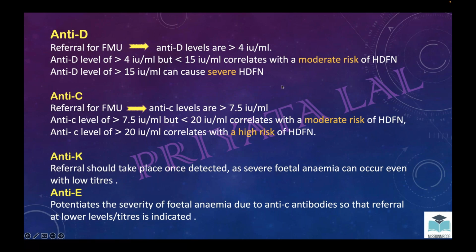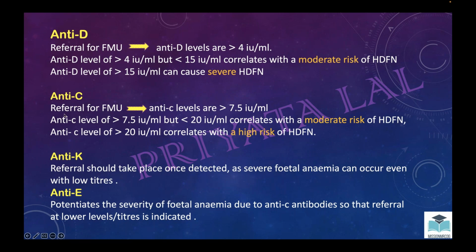For part 2 and part 3, because in part 3 also they would give you the antibody and a designated range, you have to find out from your station what the value is and which category you will put the patient in. Anti-C, again the values are different. Once the anti-C level is more than 7.5 international units per ml, refer to the FMU.